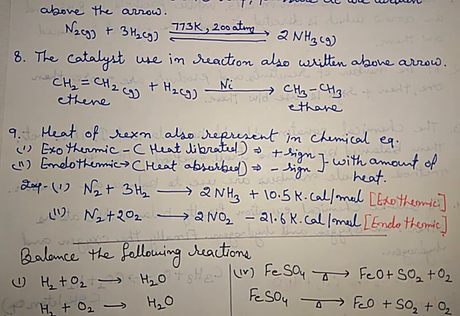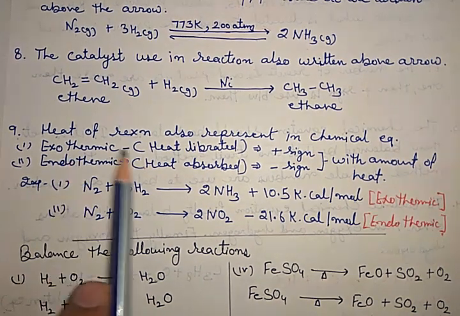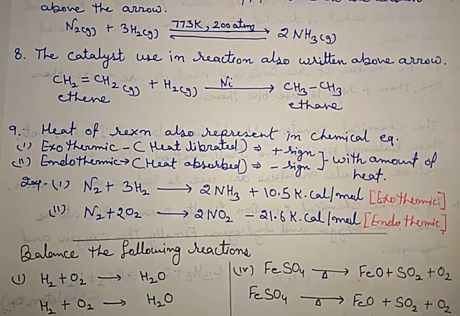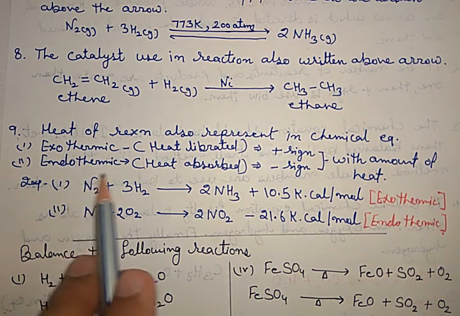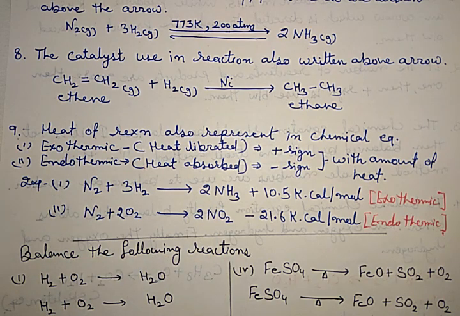On the basis of the heat required or released, chemical reactions are grouped into two categories. One is called exothermic. Exo means out, therm means heat. That means in these reactions, heat is liberated or released. While endothermic, endo means in, thermic means heat. So in these, heat is absorbed by the reactants.